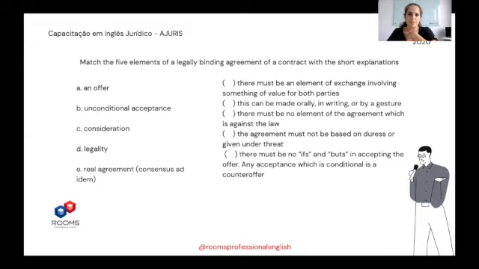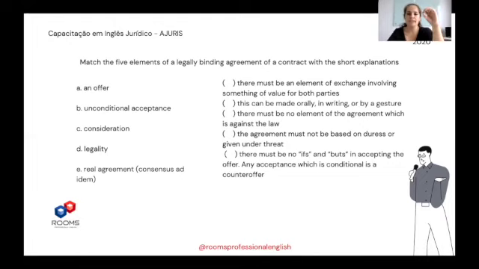So the first explanation here says that there must be an element of exchange involving something of value for both parties. If you remember that, this is what we call consideration.